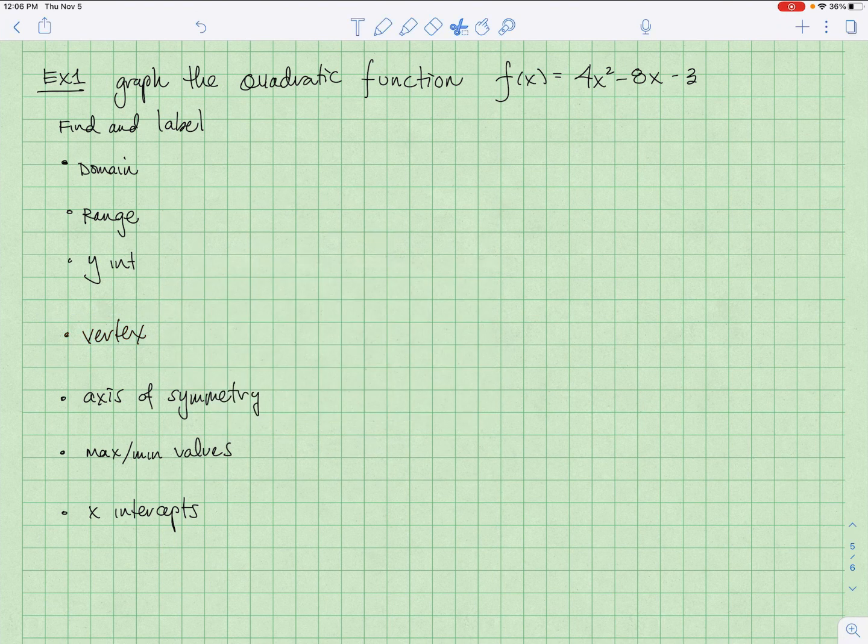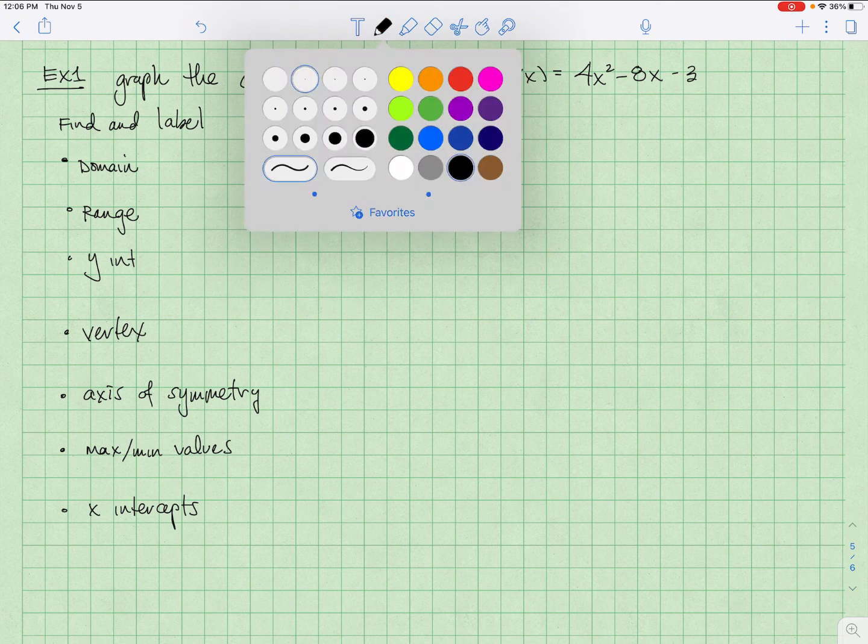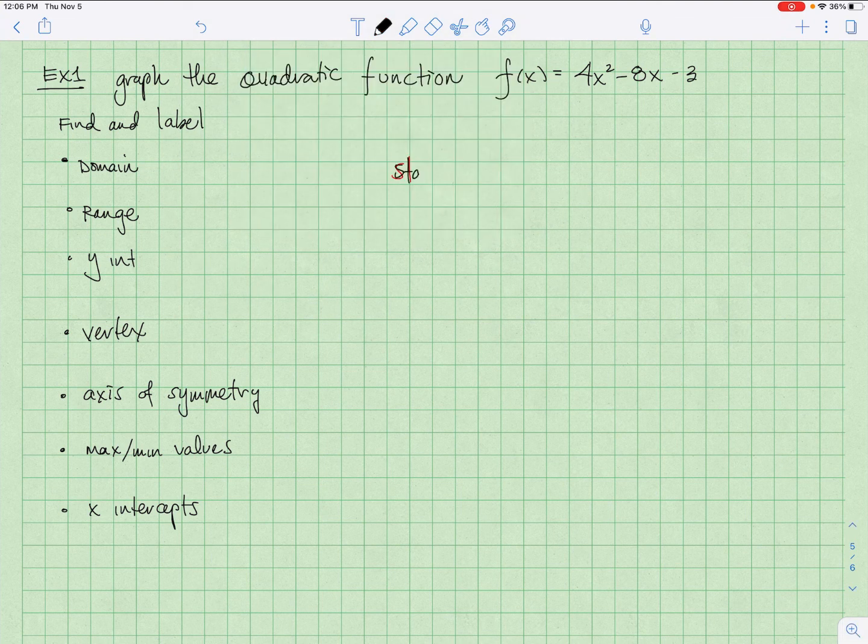Okay, so let's dive right in. A couple of things that we can answer right away, at least one thing. The standard form is f of x equals 4x squared minus 8x minus 3, where a is equal to 4, b is equal to negative 8, and c is equal to negative 3.